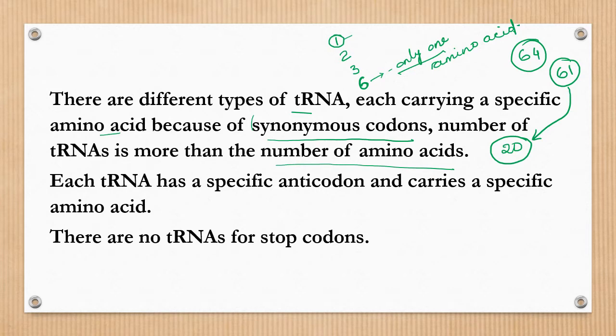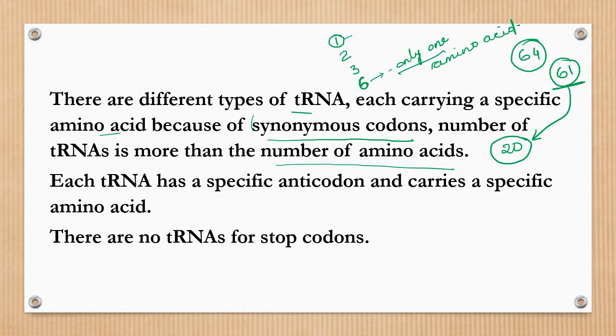That means there are also 61 tRNAs representing the amino acids. So due to synonymous codons, or degeneracy of the codons, the number of tRNAs is more than the number of amino acids.